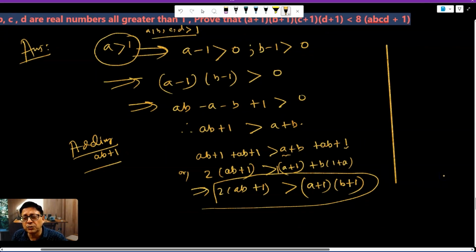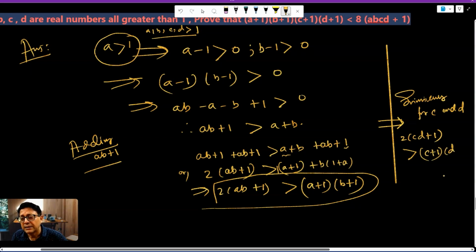But I am not going to do that. But again, what we have to do, we can try that similarly for C and D, twice CD plus 1 greater than C plus 1, D plus 1.